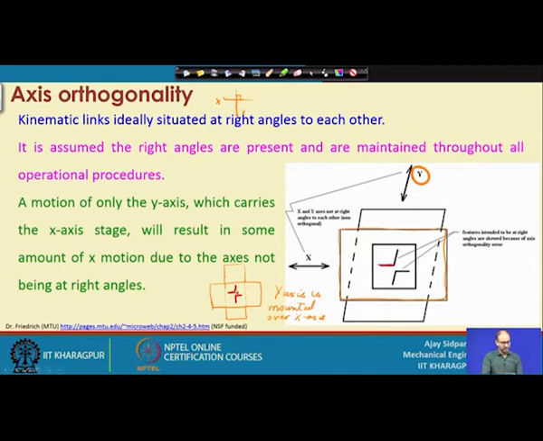This objective is only fulfilled if your x and y axes are perpendicular to each other. Now, what is the problem? Your x is correct, that is perfectly fine, but y is a little bit shifted with some angle, that is theta.